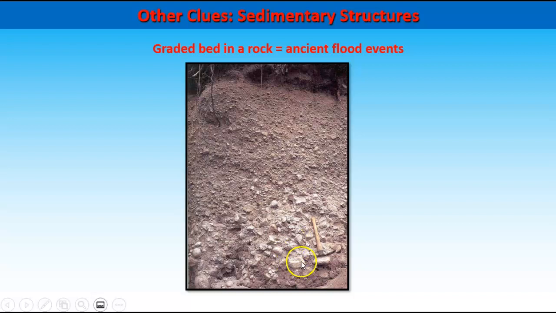But the fact that there are these huge pieces and then it changes to small tells me high velocity. I need a lot of energy to move these big pieces, but then the velocity slowed down. So we might have a place where a huge deluge of water came rushing down and then slowly dissipated, and it left this big huge hunk of deposit here.